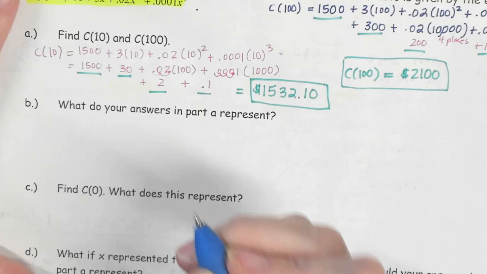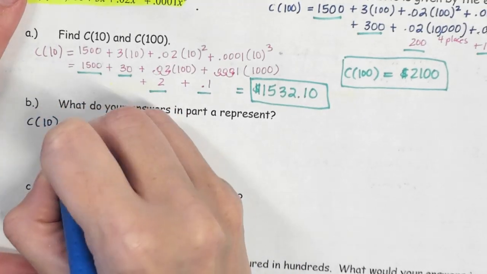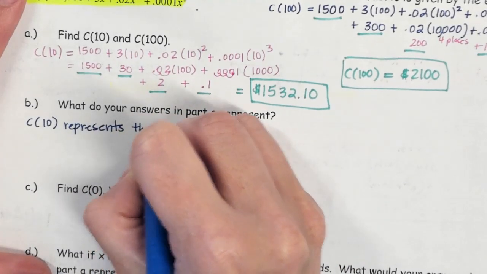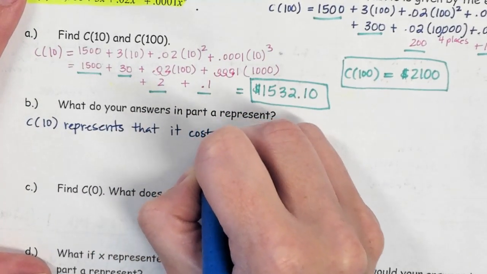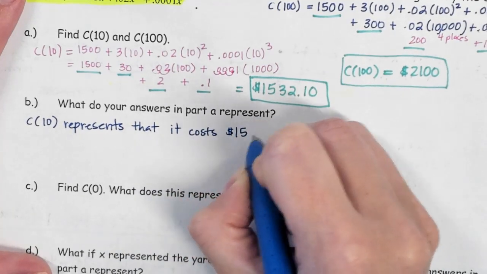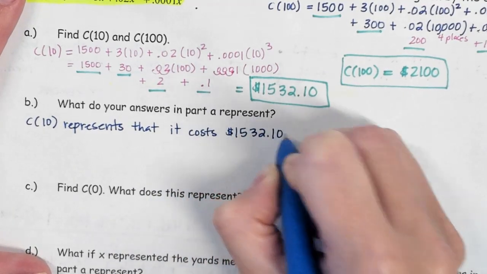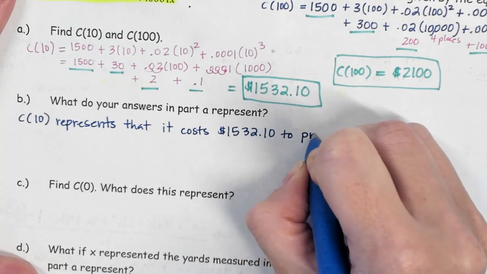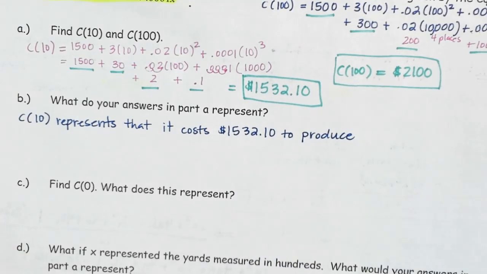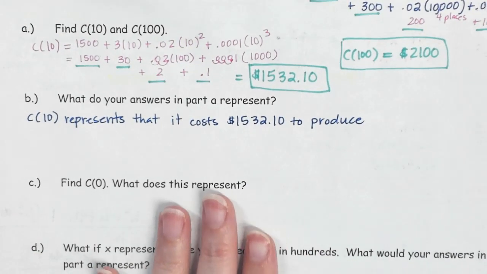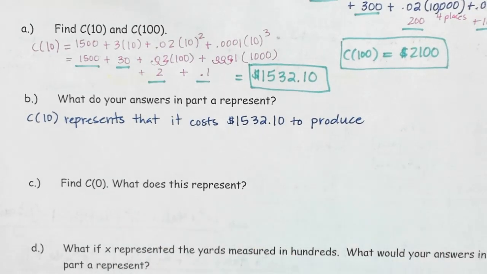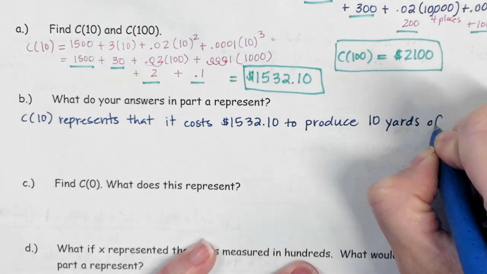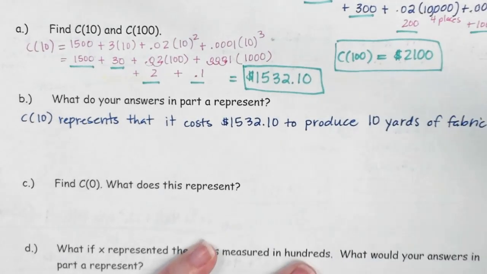So C of 10 represents that it costs $1,532.10 to produce 10 yards of fabric.